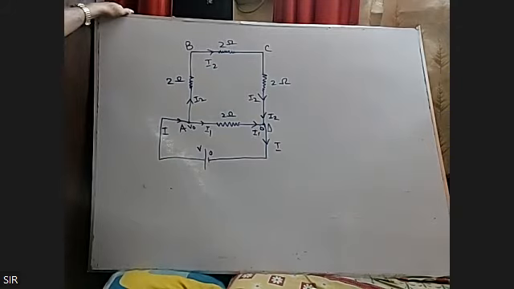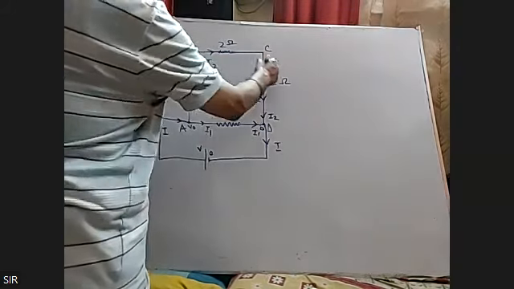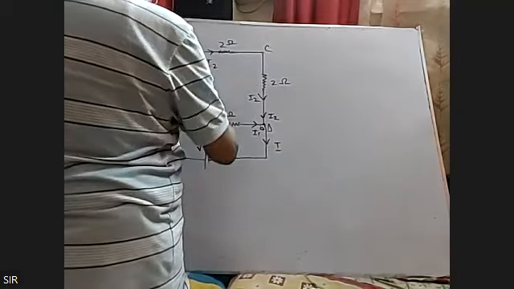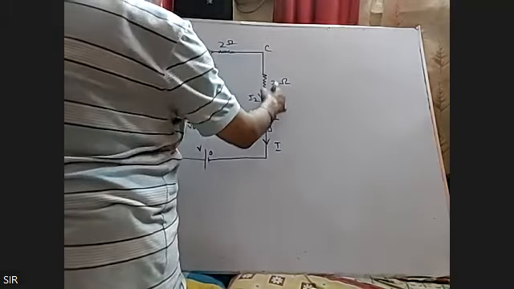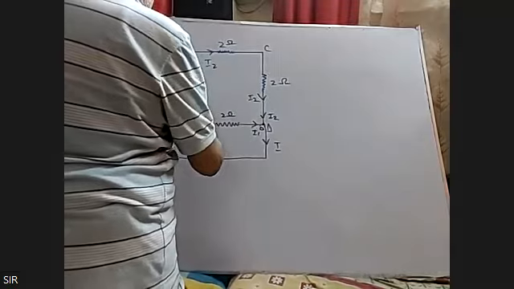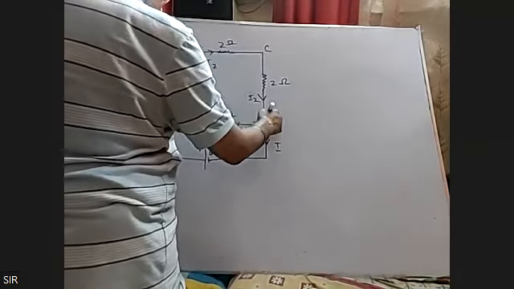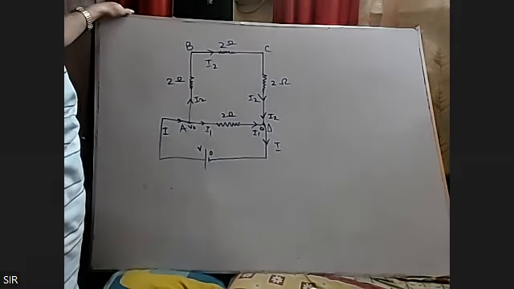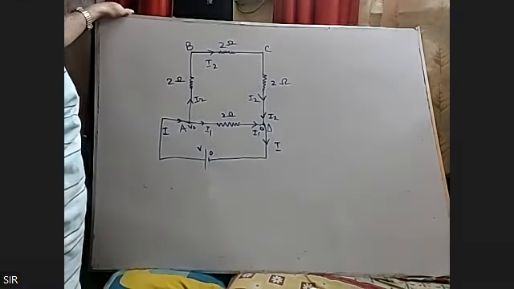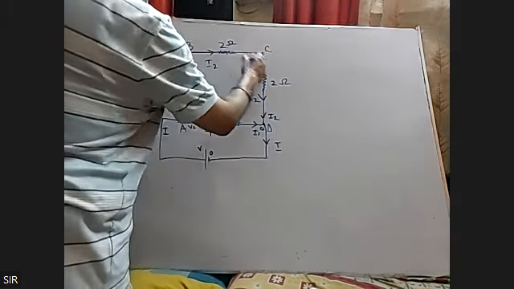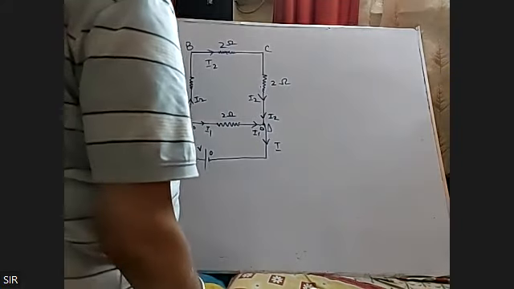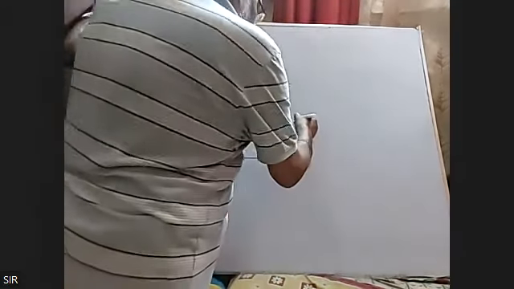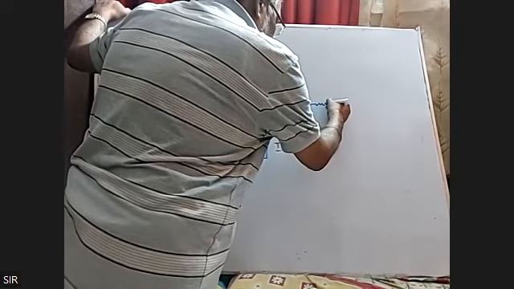If the current is the same in the part A, B, C, D, from A to B, B to C, C to D, current is the same or not? That means these resistances are in series or not? Yes. Now, can I draw an equivalent diagram again? No problem.